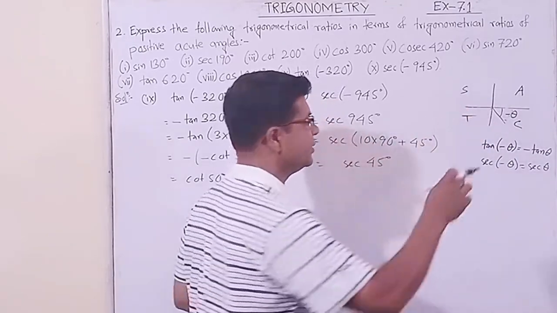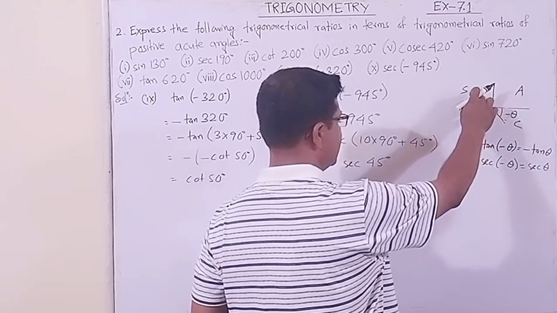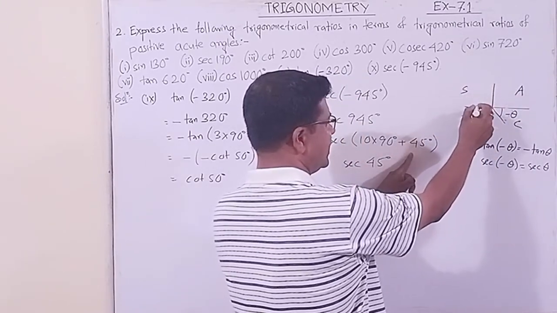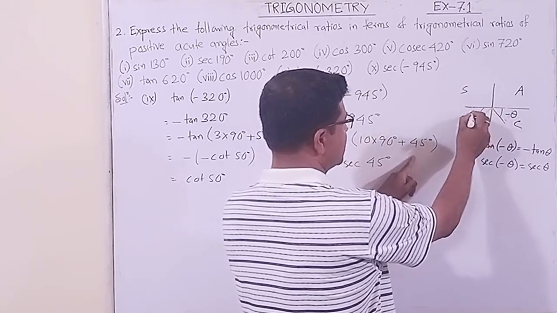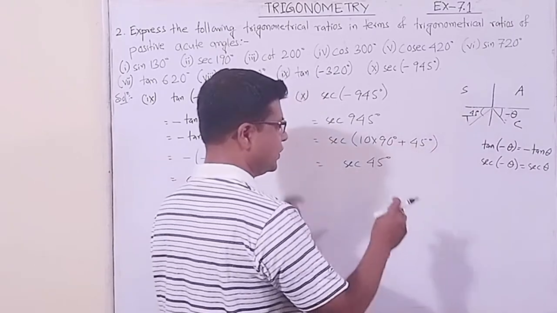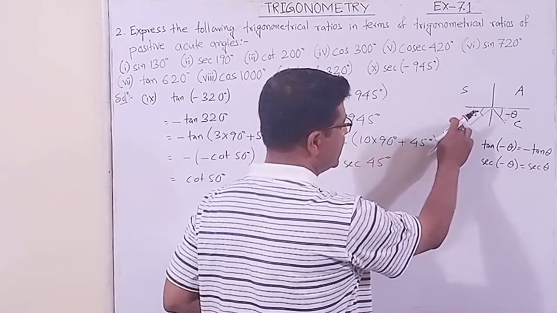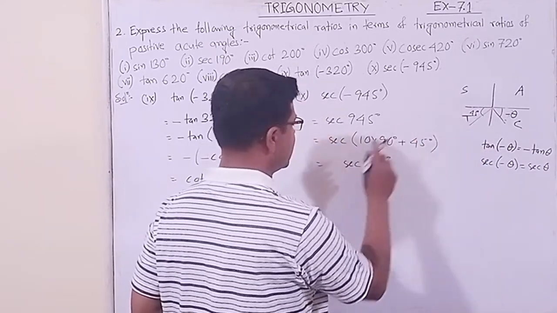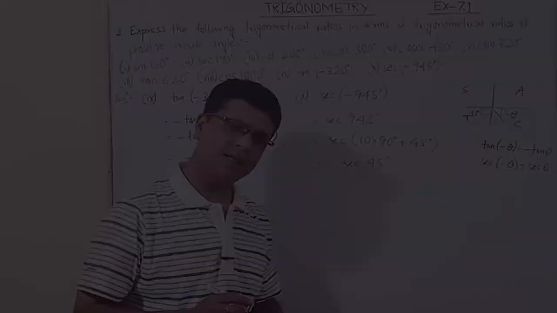If you are expert, 4, 5, 6, 7, 8, 9, 10. Then one more. Then we have completed up to 10 times 90 degree. Then 45 degree, we have to move here. Suppose this is 45 degree. Correct. So here we are in the third quadrant. In the third quadrant, only tan and its reciprocal, cot, are positive. Sec is negative there. So minus sec of 45 degree. It is all right, my beloved students.